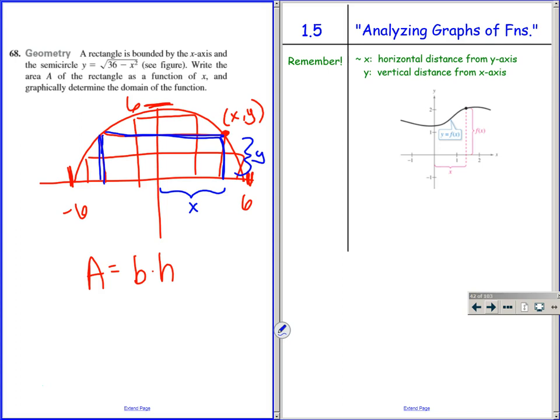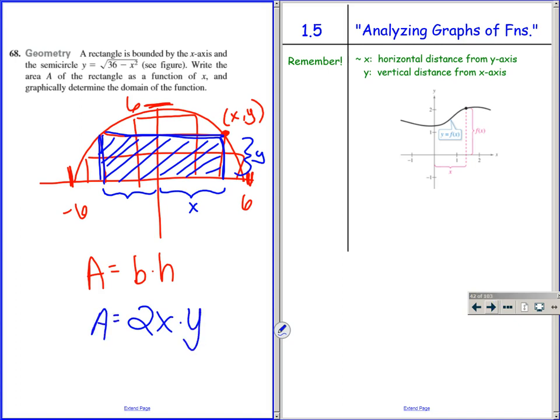What would the base be of this rectangle if I'm trying to represent its area with a formula? 2x. I need 2x to be the base. See it? X went from the origin out, and this rectangle was straddling the y-axis. I have half on this side and half on that side, so therefore my base is 2x, and what's my height? Something so basic and yet so confusing.